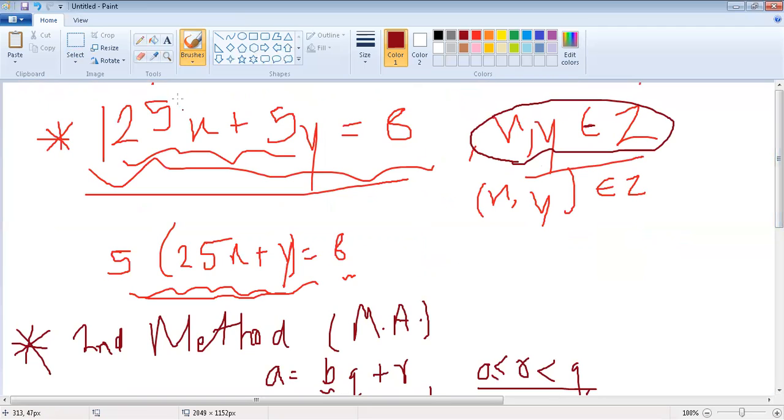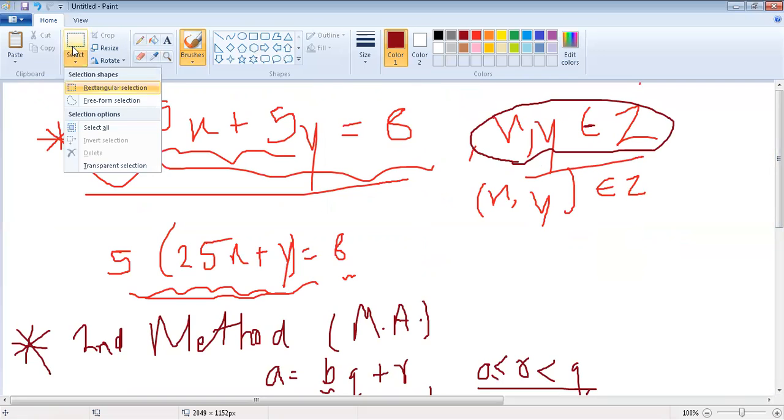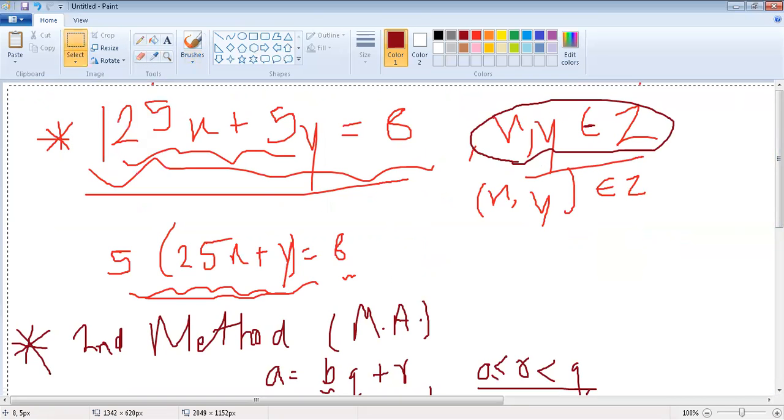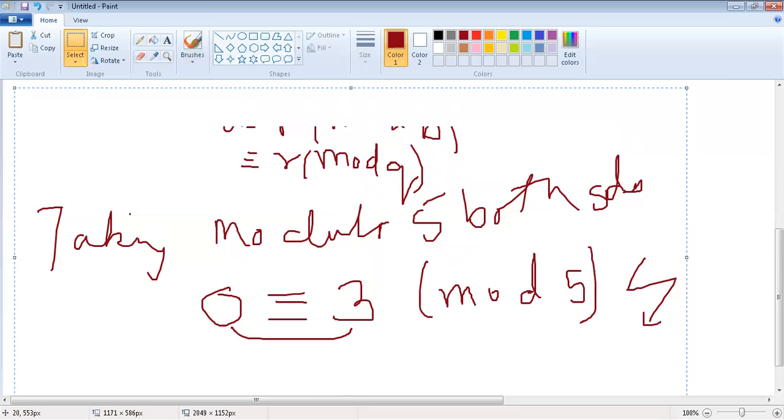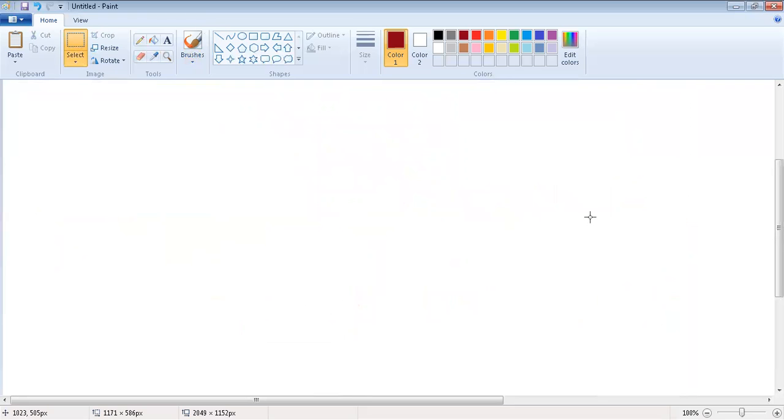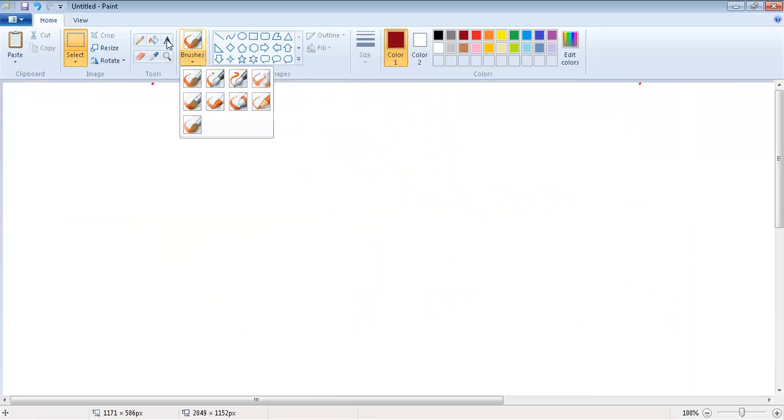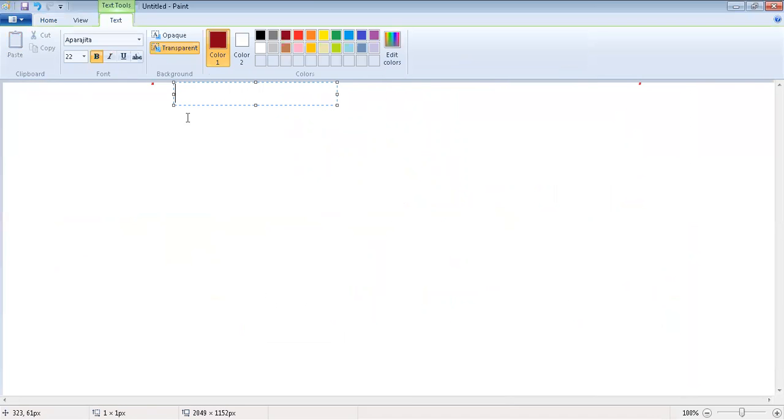So let us go to the third and most beautiful concept, infinite descent. So let's talk about Fermat's method of infinite descent.